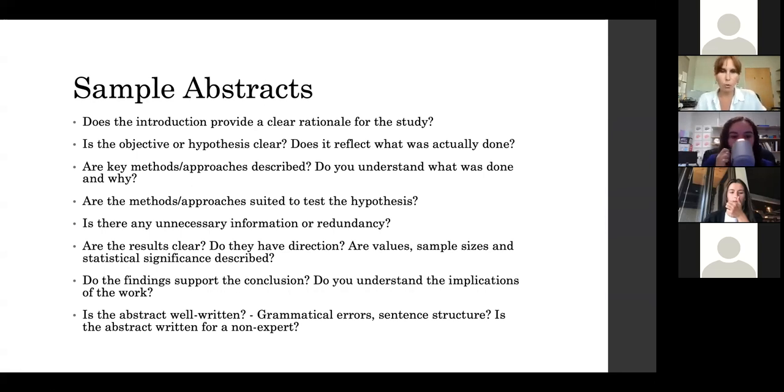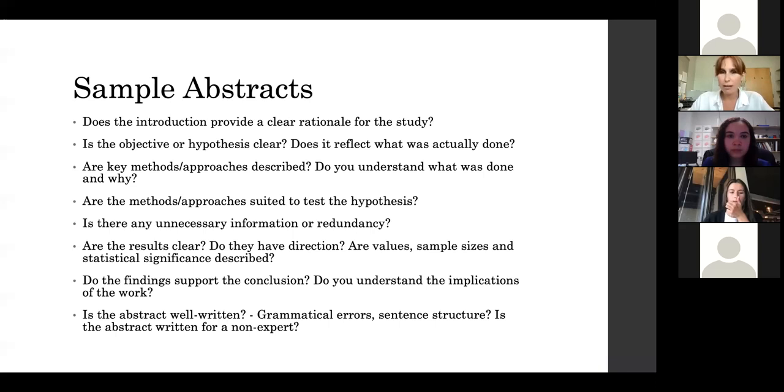These are just some questions that you want to consider while you're reviewing the abstracts. So if you want to quickly jot this down. Does the introduction provide a clear rationale for the study? Is the objective or hypothesis clear? Does it reflect what was actually done? Are the key methods and approaches described? Do you understand what was done and why? Are the methods suited to test the hypothesis?